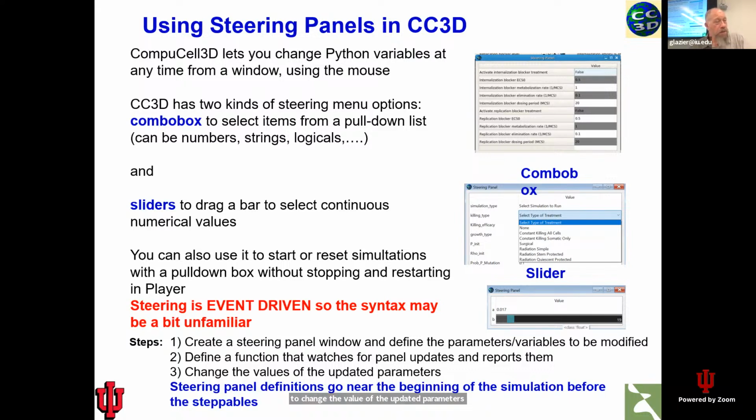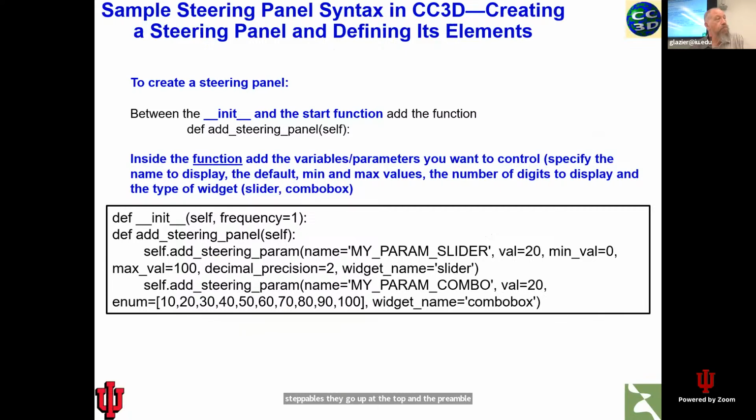In general, all of these steering panel definitions go near the beginning of simulations before all the steppables. They go up at the top in the preamble before you start the class definitions for the steppables. So between the init and the start function, you add the def add steering panel.